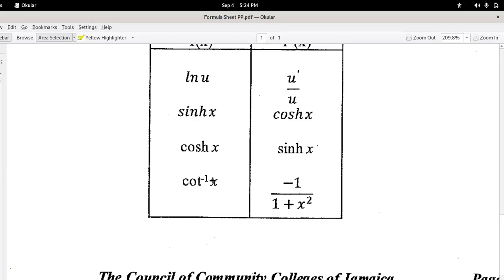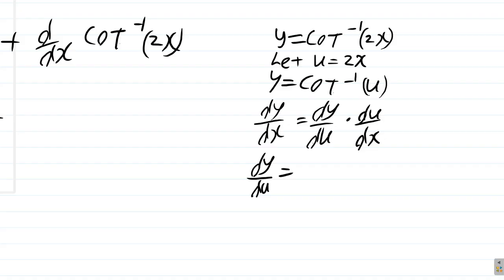So when we have cot inverse of u, we have negative 1 over 1 plus u squared. Did you see that? Make sure you're following. And times du by dx. If u is 2x, then du by dx is 2. So what we have is negative 2 over 1 plus u squared.